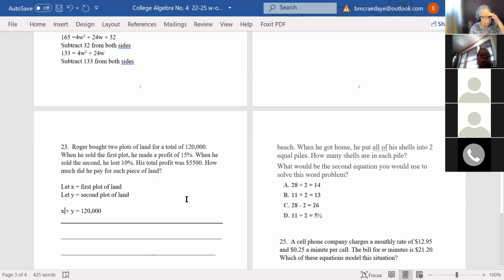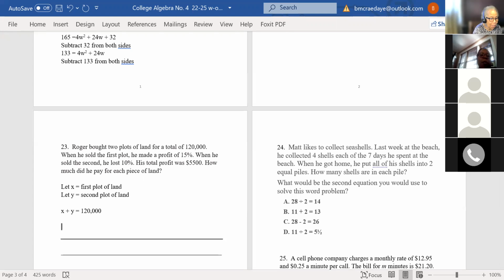How much did he pay for each piece of land? Now, we know that his total profit was 5,500. So what can we say about how much he made? If he went from 120 to a profit of 5,500, then how much did he actually have at the end?